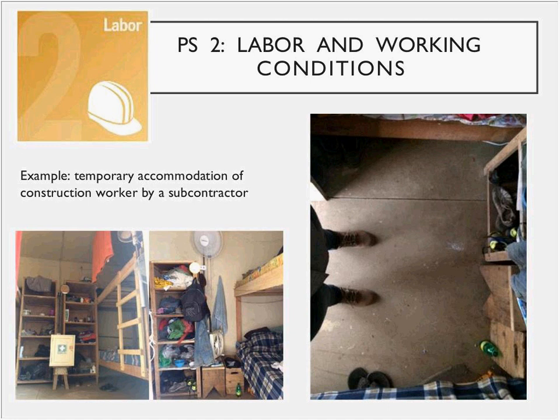What we found was the temporary accommodation of the construction workers by one of the subcontractors in very, very bad conditions. Like you can see my feet in that picture. That's basically the space that they had, plus beds, and there were 4 people living there.